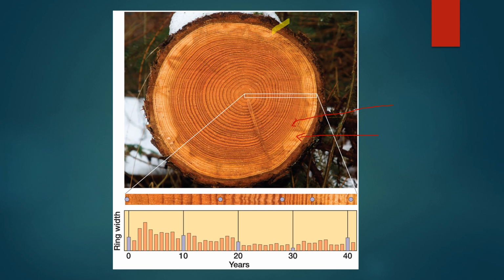Trees that grow in temperate areas increase their trunk diameter by adding 1 concentric tree ring for each year of growth. So by counting the number of rings, the age of the tree can be determined. During years when growing conditions are favorable, tree rings tend to be wider than in years when conditions are harsh, whether that's a flood or a drought or whatever the case is. So it can tell us much more than just age.